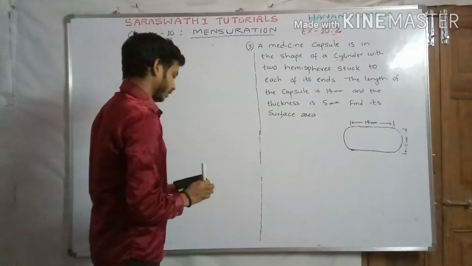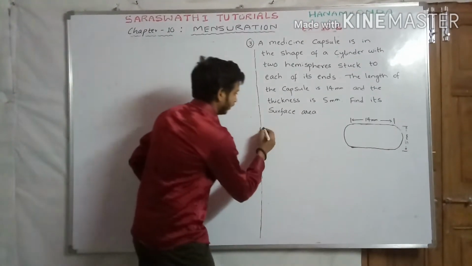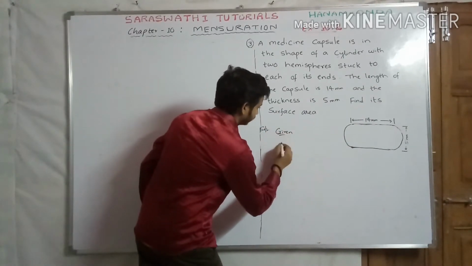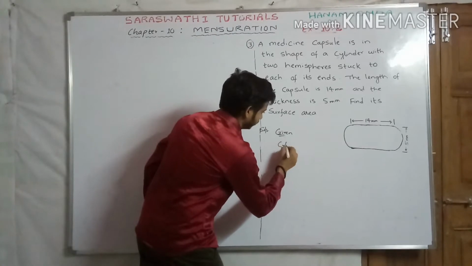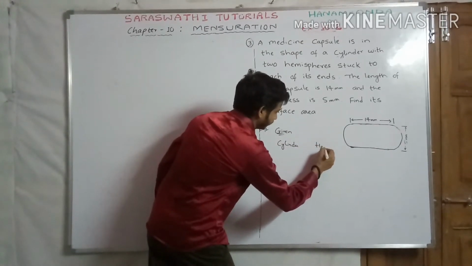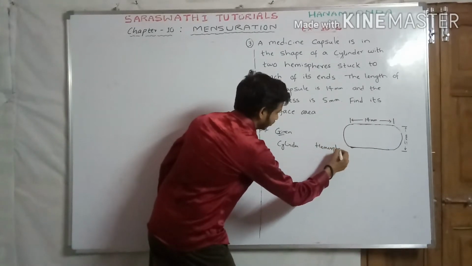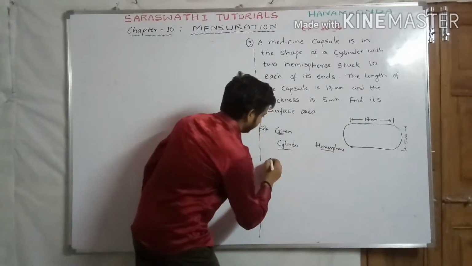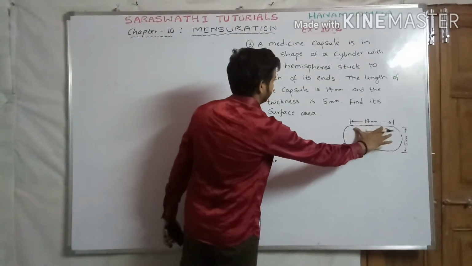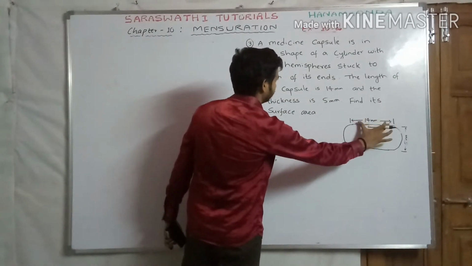So now write the given data first. Okay, so given data. Dimensions of the cylinder and dimensions of the hemisphere. So cylinder, height of the cylinder h equal to, it is given the length of the medicine capsule, that is 14 mm.